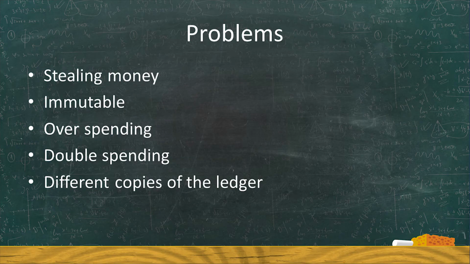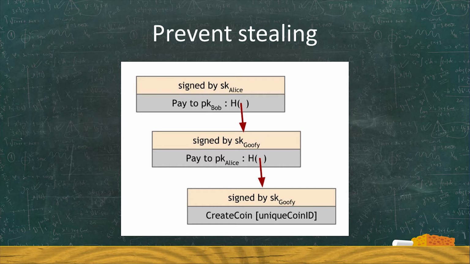So these are some of the problems, and we'll use the technology that we have developed so far to solve all these problems. So preventing stealing is very, very easy, because every transaction is signed by my private key. So as long as your private key is with you, the stealing is prevented. That's very straightforward, right? Because of the properties of these digital signature algorithms.